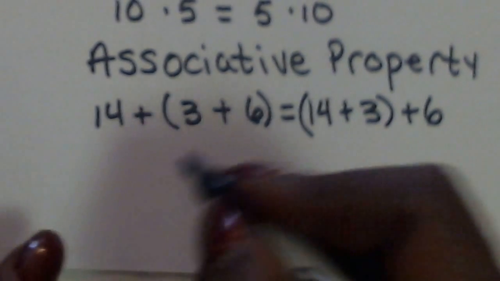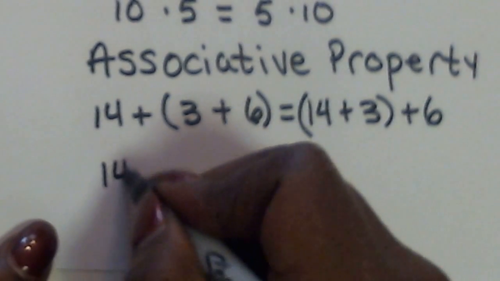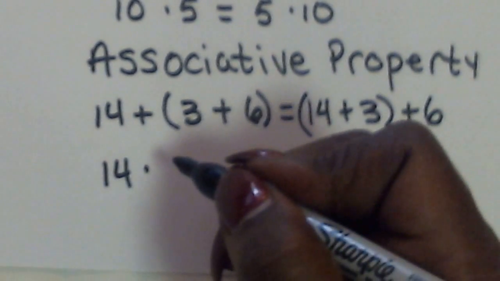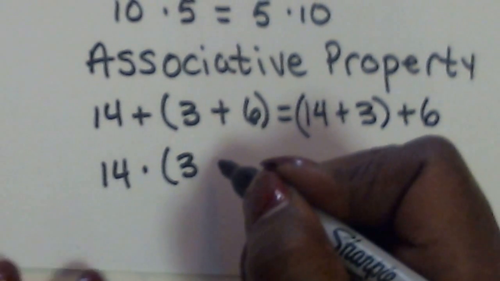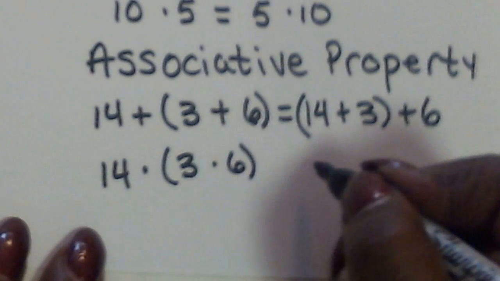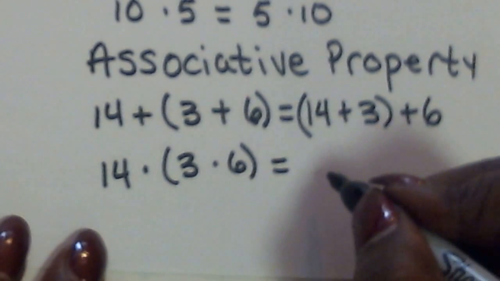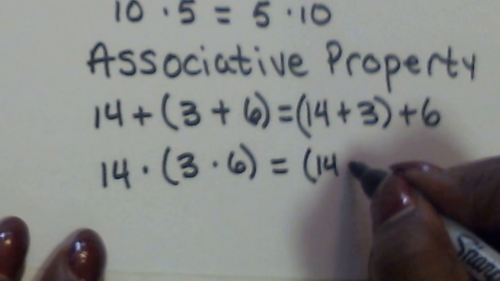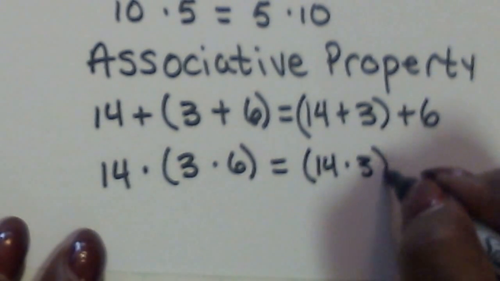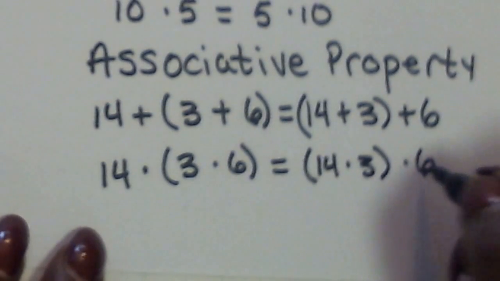This also works for multiplication. So if I have 14 times the quantity of 3 times 6, I could regroup it and make it the quantity of 14 times 3 times 6.